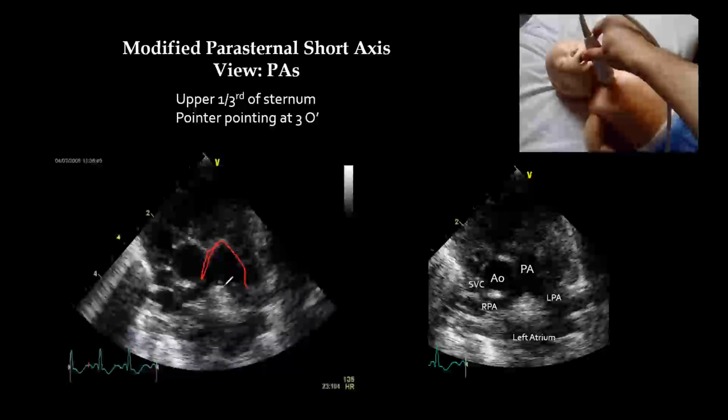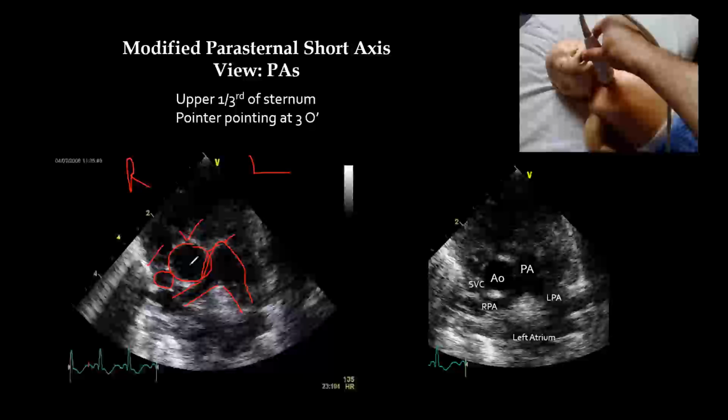Here is the probe orientation marker, and you see the pulmonary artery: MPA, RPA, and LPA. This is the aorta in cross section, and this is your SVC. This is right, this is left. So that's why SVC, aorta, pulmonary artery.